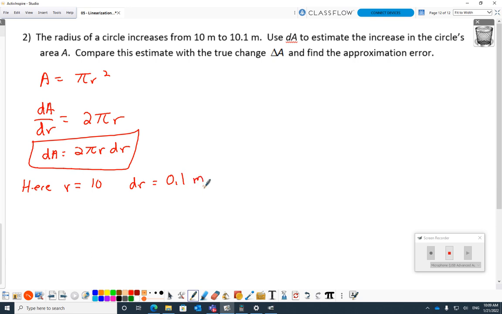Sometimes real world examples help, when my radius becomes 0.1 bigger. So dA is 2 pi times the radius times the 0.1. I sub those in, right? 2 pi, 10. There, good. So I get 20, but then times 0.1. I get dA equals 2 pi. I'm going to leave that exact.